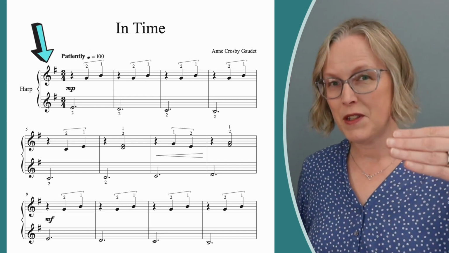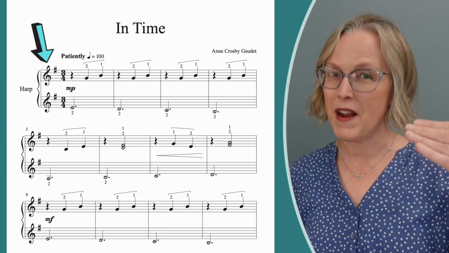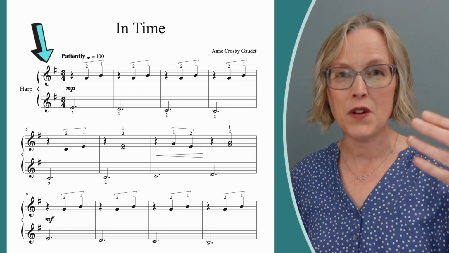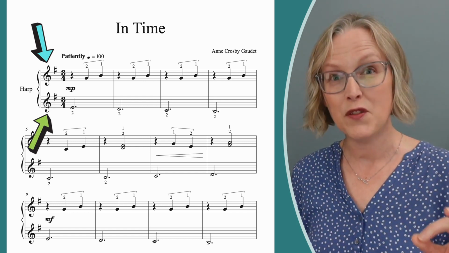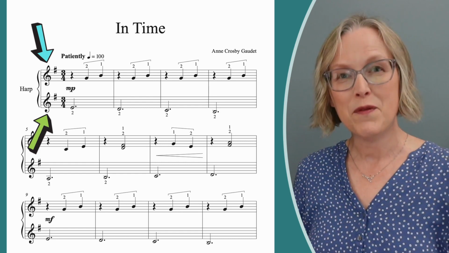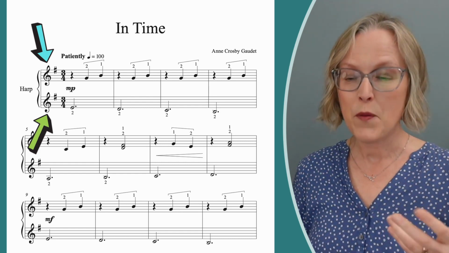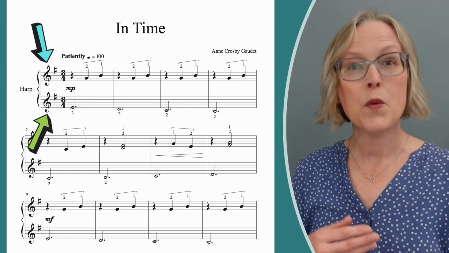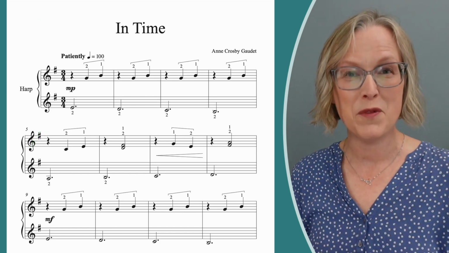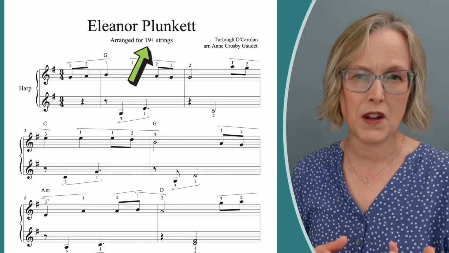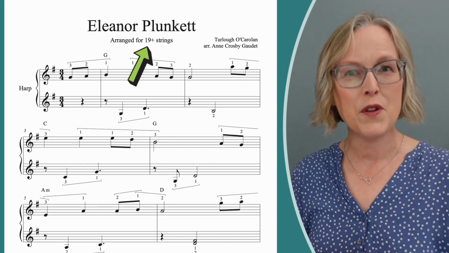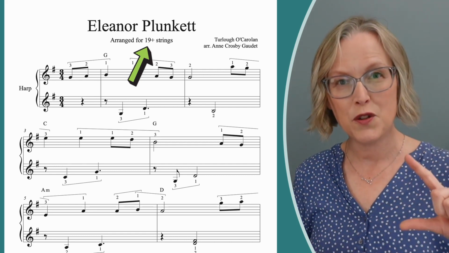One way is for the top staff to be treble clef, right hand as usual, and then the lower staff, the left hand staff, is also treble clef, reading in that higher range. And when the music is written in that way, we're going to follow the default stem rules.